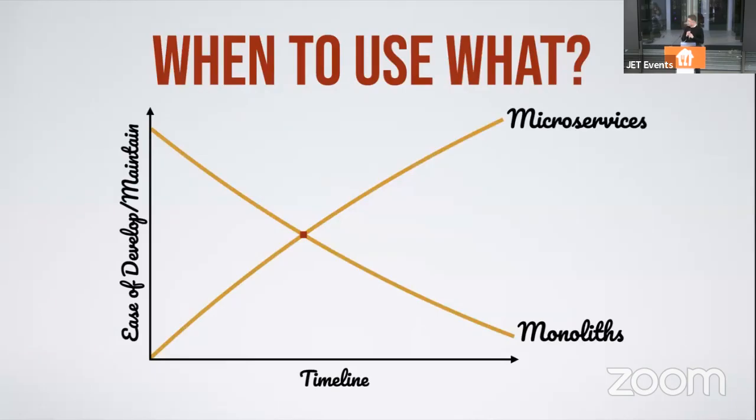There is actually no right answer, because at different points in time the answer would be different. At the very beginning of the project, when you don't know if it's actually needed on the market, who your customers would be, what the key features would be, it makes sense to invest your time into the business logic and focus on it. Monoliths give you the opportunity to do this without investment in infrastructure.